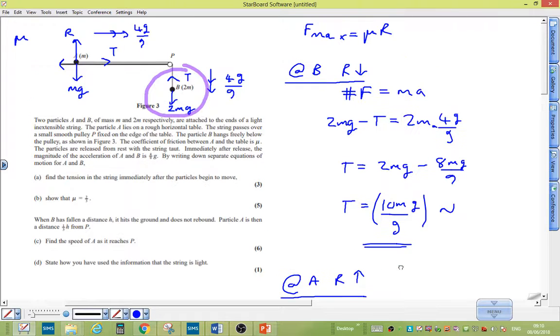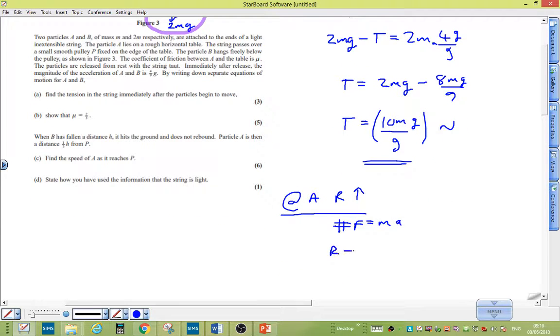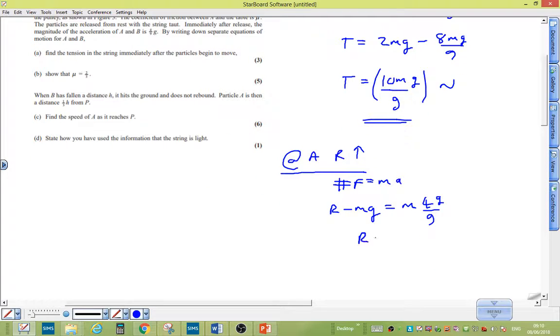So the net force there is R minus mg equals mass, which is m, times acceleration, which again is 4g/9. Okay, so R is equal to, throw that over, and you end up with basically mg plus 4mg/9 will give you a total of R being 9/9 add that is 13mg/9 newtons. Okay.